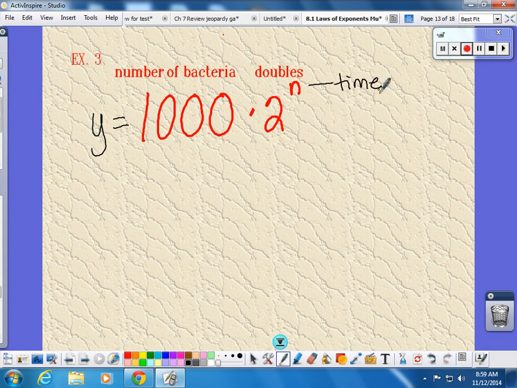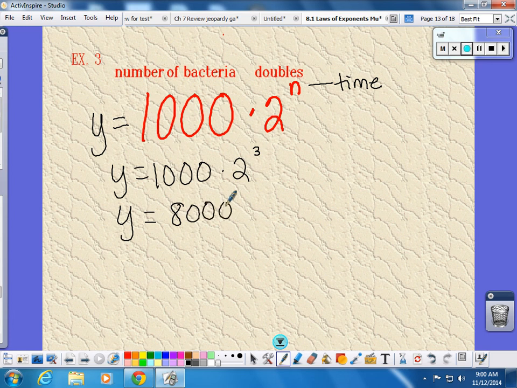Alright, so if we started out with 1,000 bacteria, and the question is how many bacteria will there be at 3 p.m. If this original colony started at noon, 3 p.m. is 3 hours later, and 2 to the third is 8, and 8 times 1,000 is 8,000.